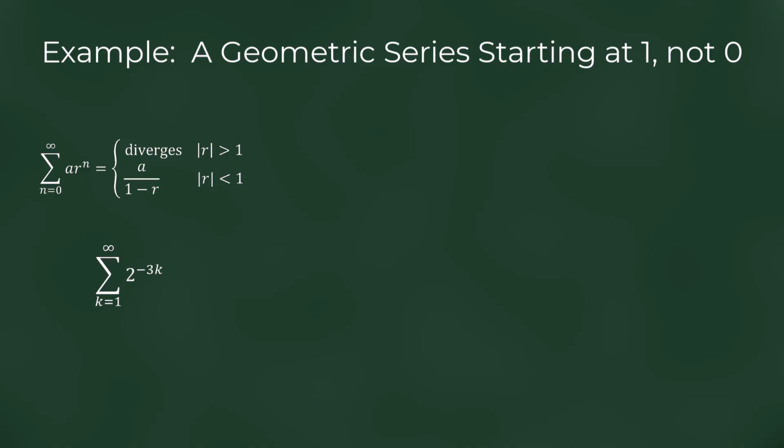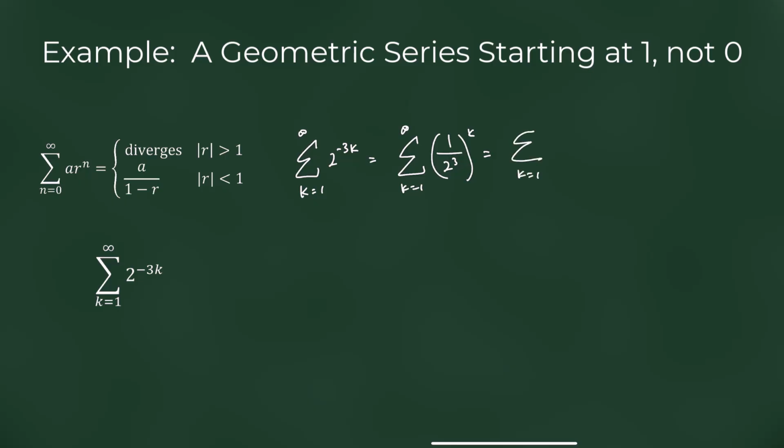In our next example, we're going to notice that we have a geometric sequence again. This is the sum from k equals 1 to infinity of 2 to the negative 3k, which I find a little bit easier to think about as the sum from k equals 1 to infinity of 1 over 2 to the third to the k, which is of course the sum from k equals 1 to infinity of 1/8 to the k.